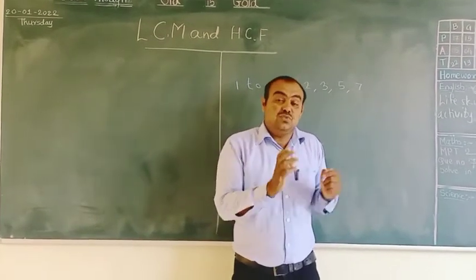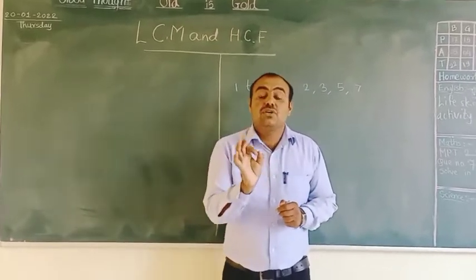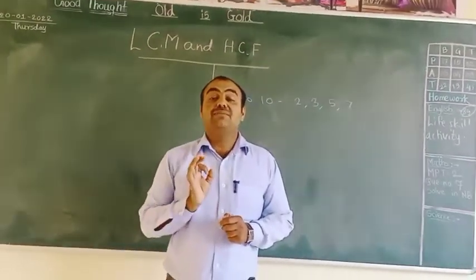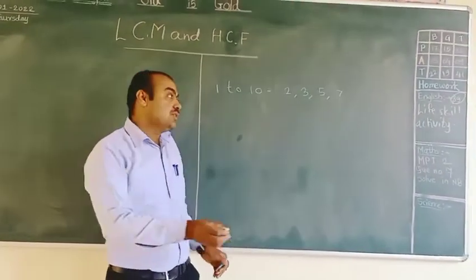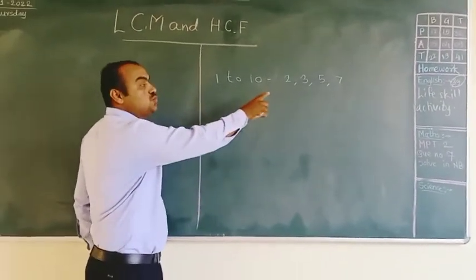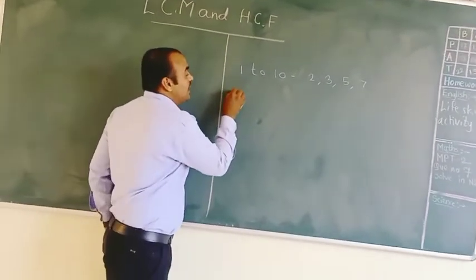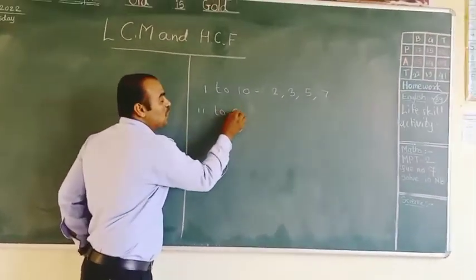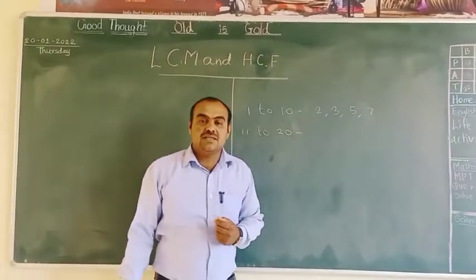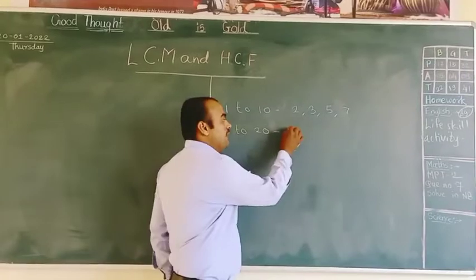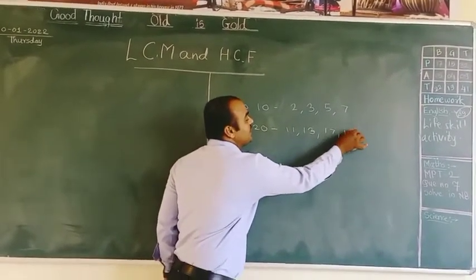So like this from 1 to 100 we get nearly 25 prime numbers. I am going to write on the blackboard. From 1 to 10 there are 2, 3, 5 and 7. Then 11 to 20: 11, 13, 17 and 19.